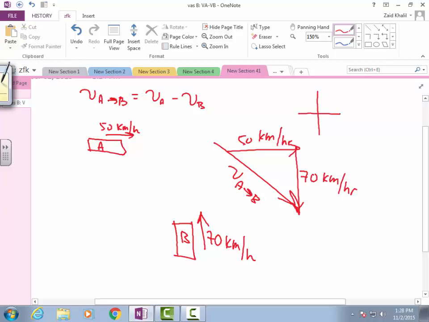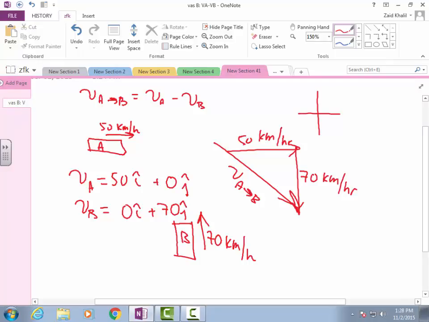VA is equal to what in our coordinate system? 50 i hat plus 0 j hat. VB is 0 i hat plus 70 j hat. So then let's see if this definition holds water.